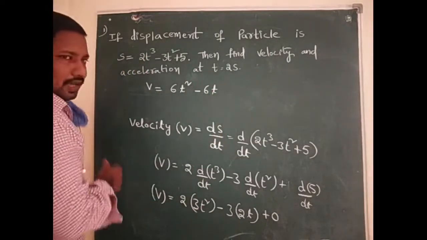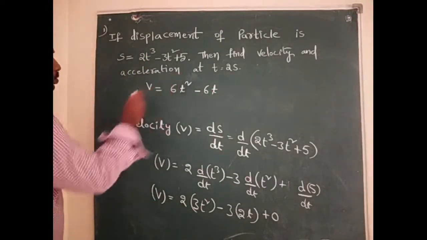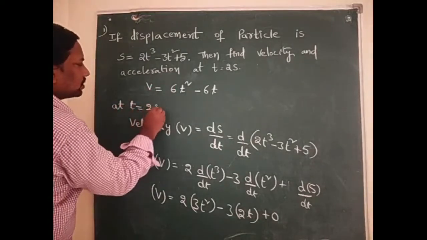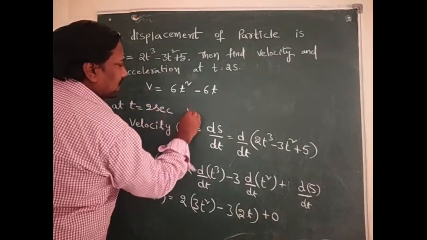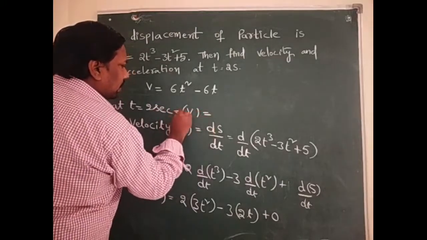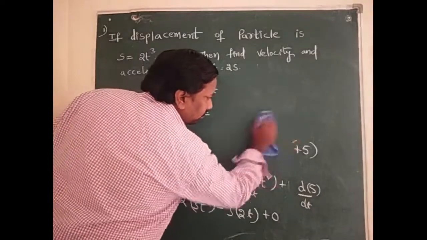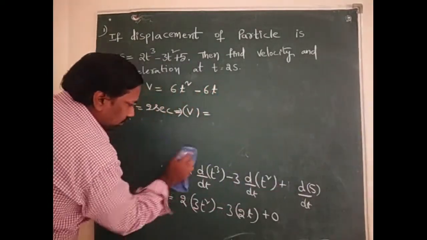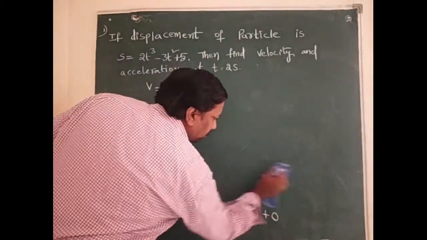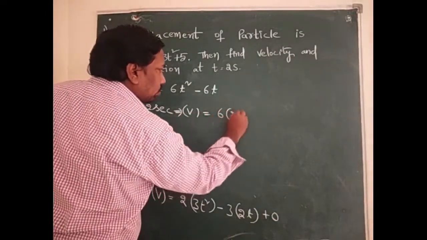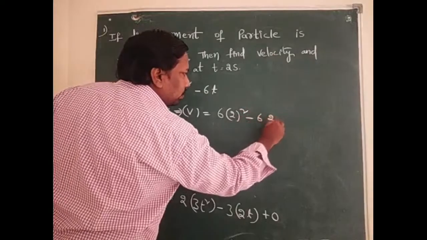Now the velocity at t equal to 2 seconds. At t equal to 2 seconds, velocity v equals 6 into 2 square minus 6 into 2.